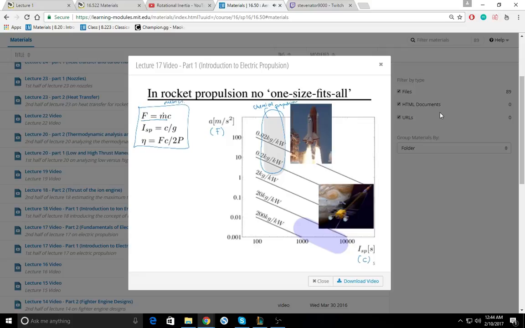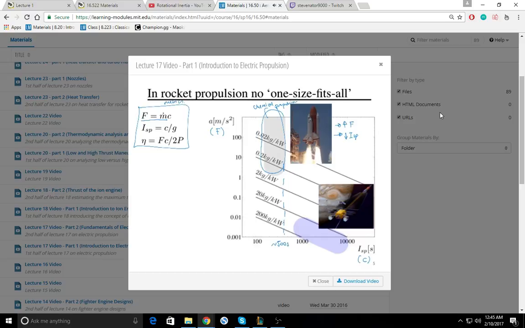And chemical propulsion systems have very high thrust, but this comes at the expense of low specific impulse. So chemical propulsion systems typically have their specific impulse limited to around 500 seconds. And the reason for this is that the energy available to accelerate the propellant out of the system comes from the propellant itself, from the chemical bonds of the molecules. So maybe that answers your question.